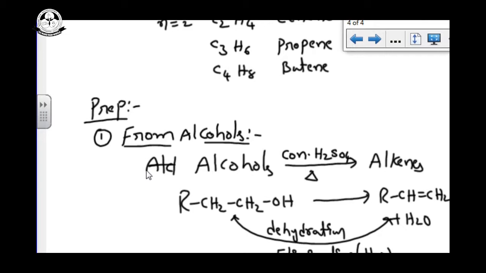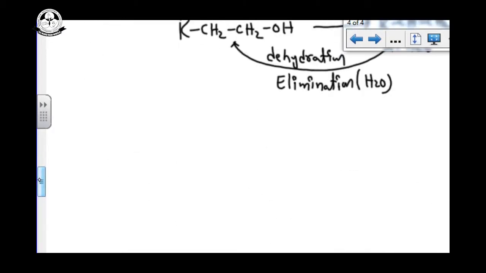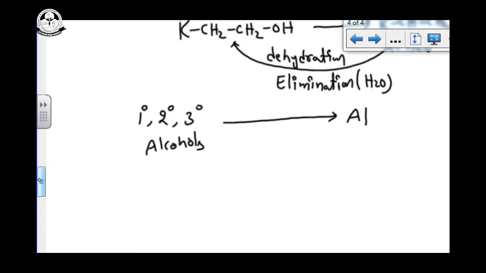Different types of alcohols will be there: primary, secondary and tertiary alcohols. Which alcohol can undergo dehydration, that we will see. Alcohols are converted into alkenes using concentrated sulfuric acid and supplying some heat.